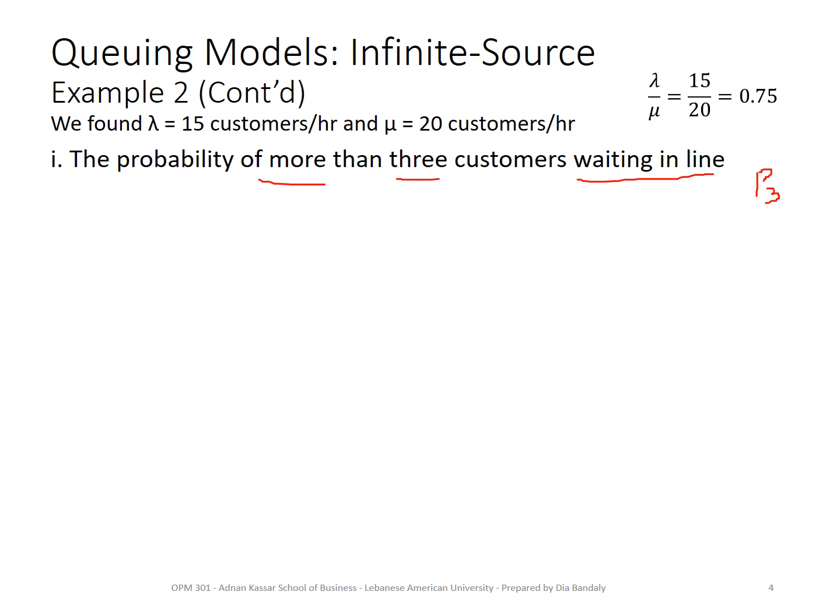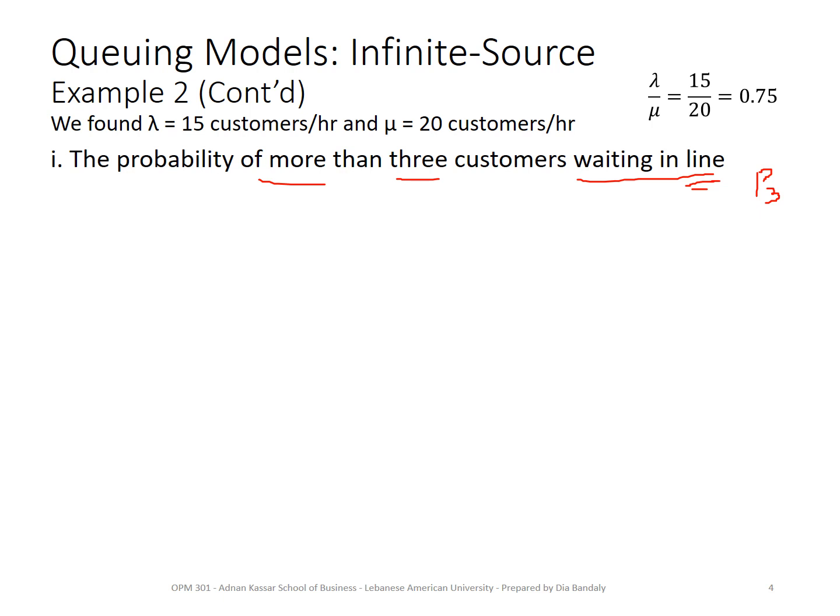It's not P3. Why? Because the probability given that I can denote it by P3, Pn, is number of customers in the system, remember? But here they are asking me about probability of people waiting in line.